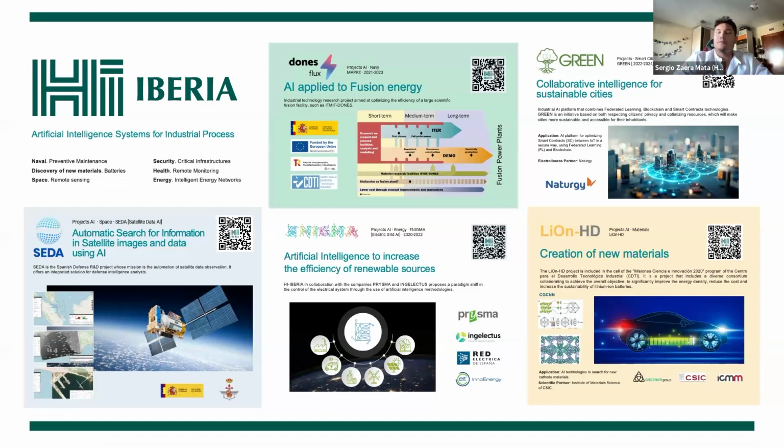Now we have more than 120 professionals, where 90% of them are engineers, which allows the company to have a high level of innovation and interest in new technologies. We specialize in different kinds of sectors. Here you can see some: space, Navy, energy, and here the Project Green, which is smart cities. We have different kinds of projects.